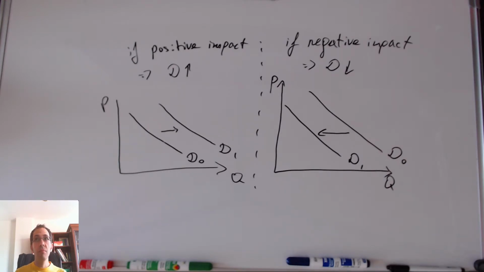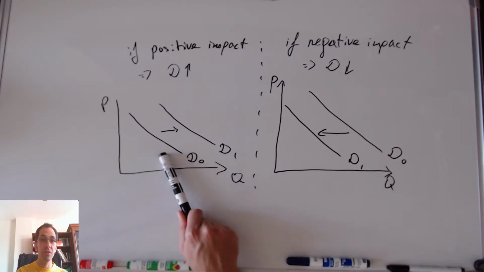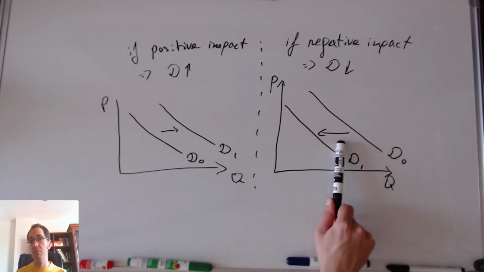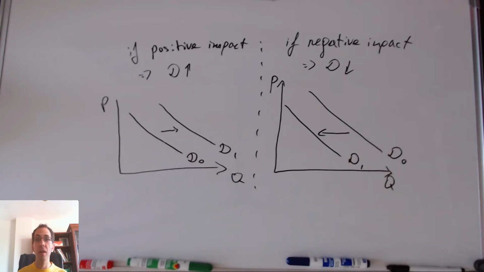You can analyze the demographic changes, however, and for example, imagine that you have an aging population. Well, an aging population might increase the demand for certain goods that older people use and might decrease the demand for other goods that are used more by young people.